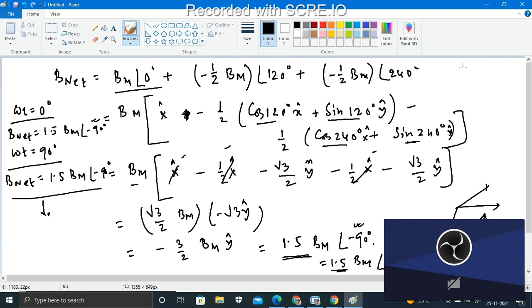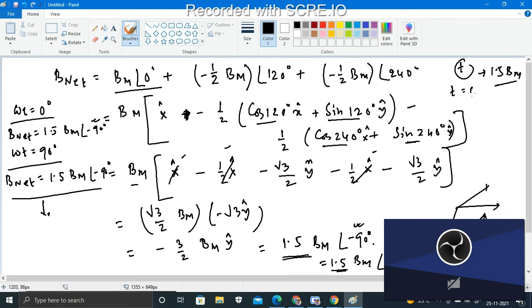So how could I prove these things for the rotating magnetic field concept? At the time of t, the magnetic field will have the same magnitude, that means 1.5 Bm.